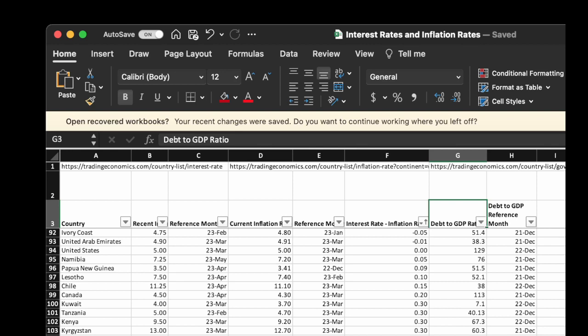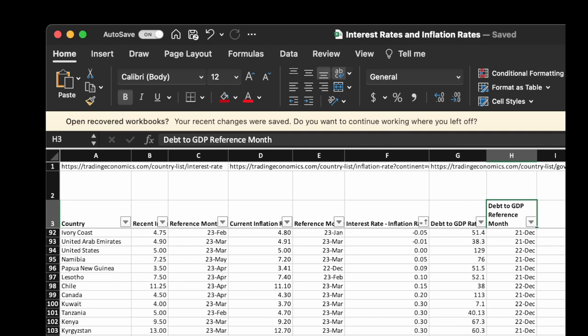That's different than the deficit. The deficit is the debt for the current year, whereas the debt is the cumulative debt. And then column H is the date of the recent debt to GDP ratio.